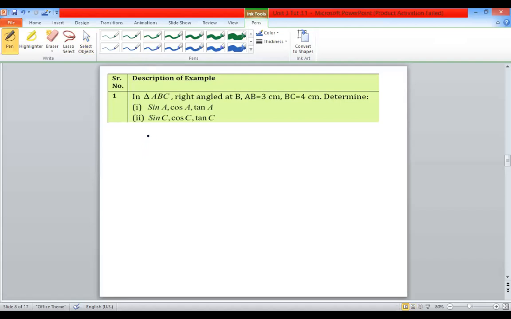Now look here, what happened here. First of all, you should draw your triangle every time. This is your A, and this is our triangle ABC.